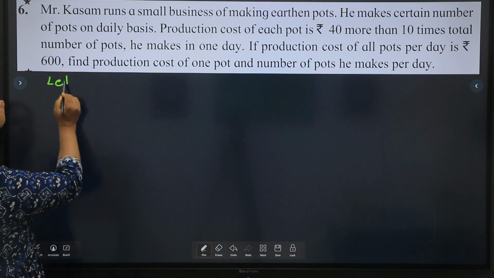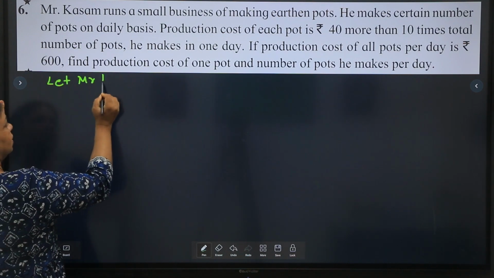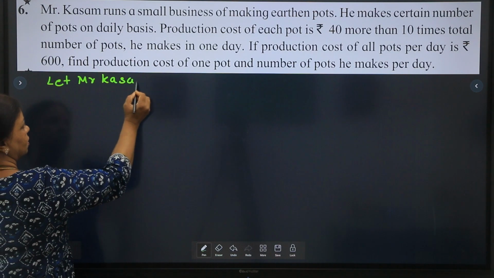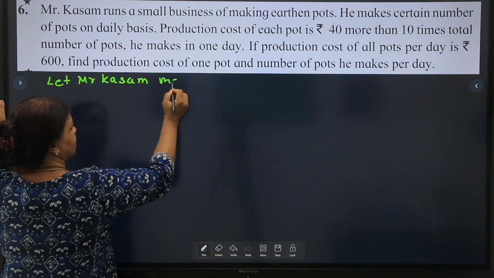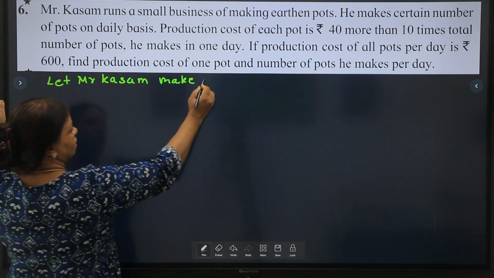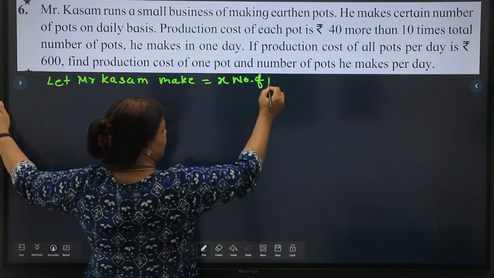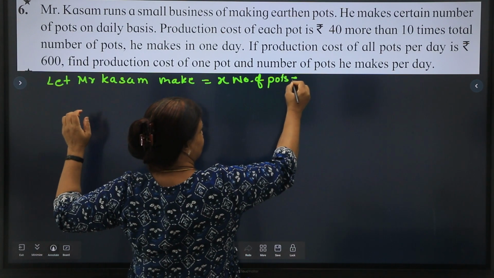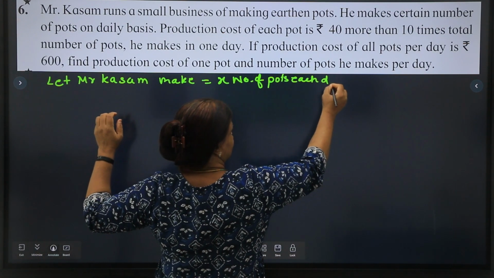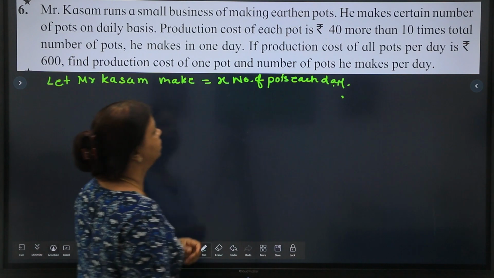Let Mr. Kasam make X number of pots each day, okay, per day.